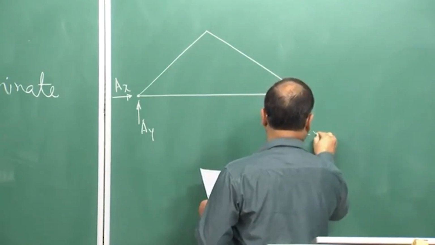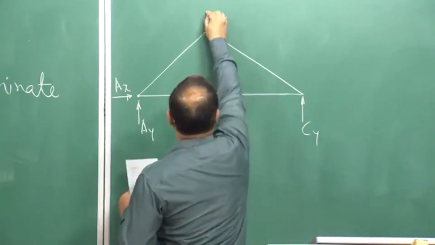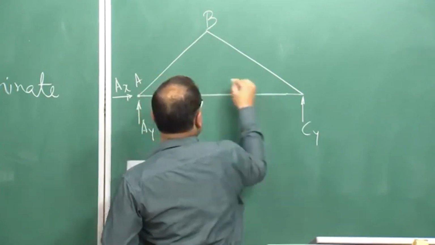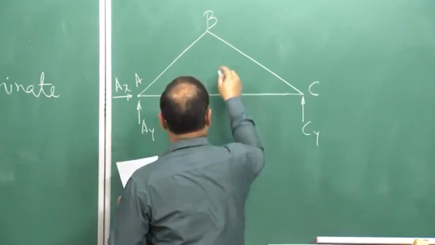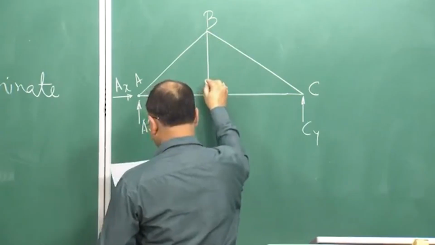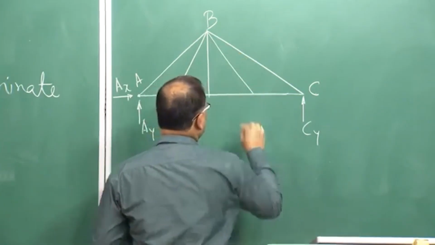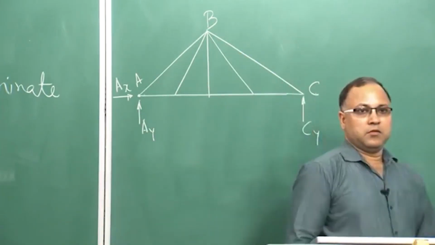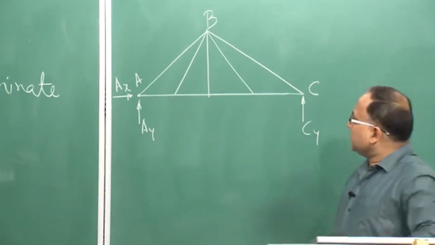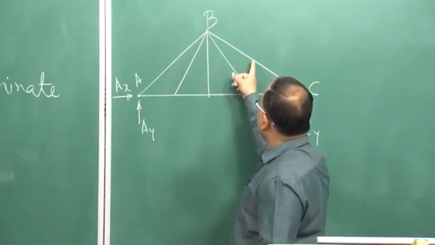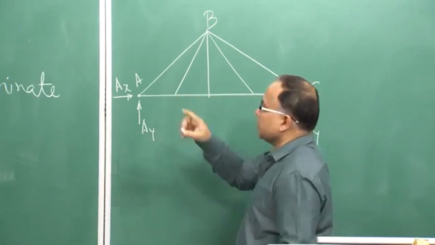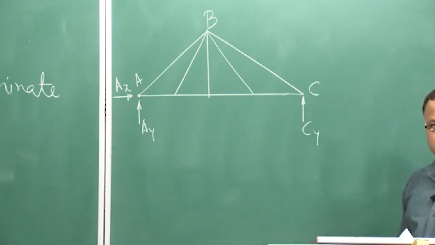So, only CY, this is A, B and C, and you have... so how many members are there? 1, 2, 3, 4, 5, 6, 7, 8, 9. So, there are 9 members, okay.